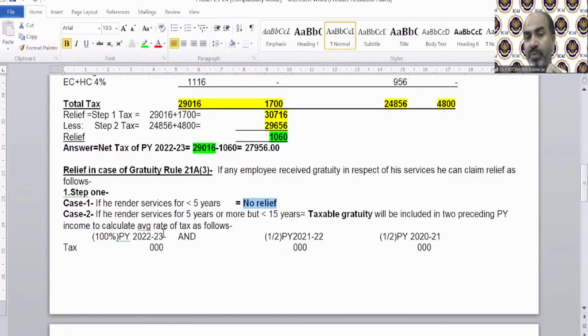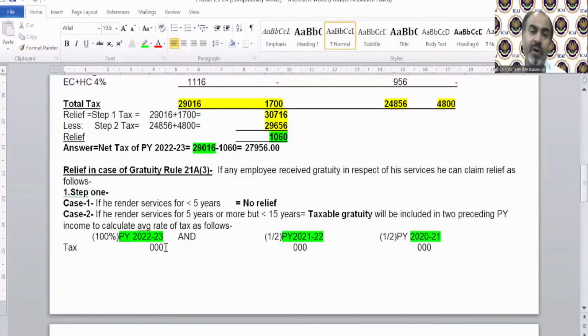What we need to do? We need to tax the gratuity value in full in previous year 22-23, 100%. And we need to see if it is taxed 50% in previous year 21-22 and 50% in 20-21, then we need to see the tax.